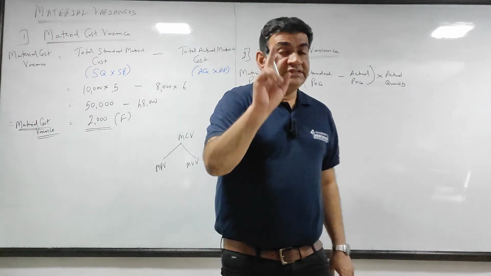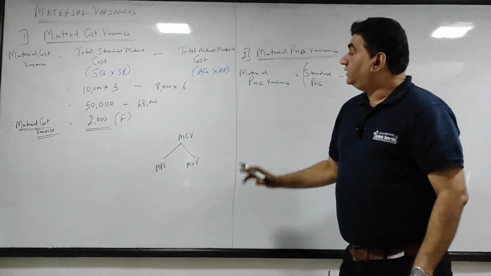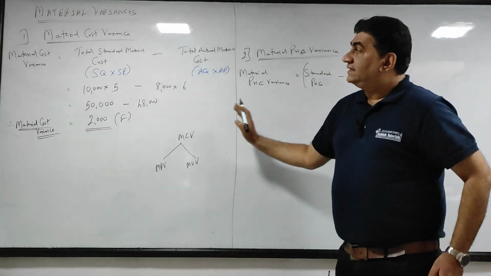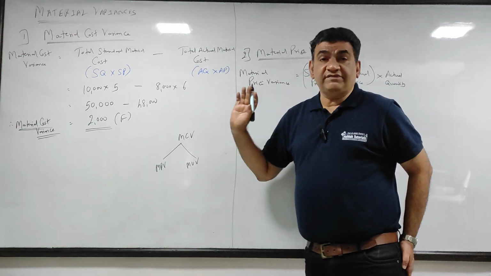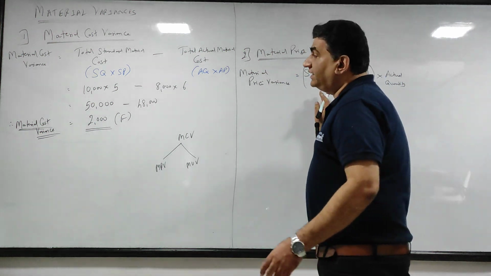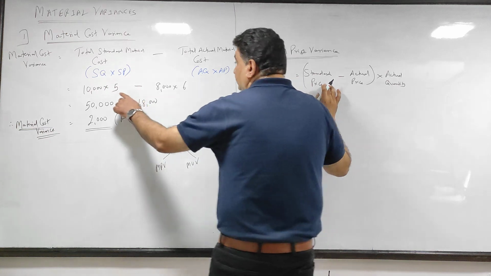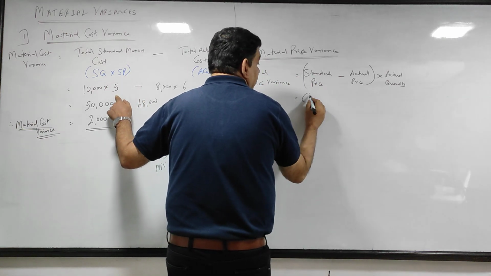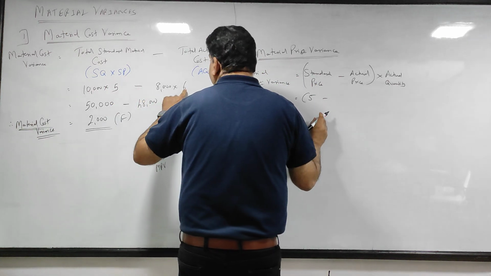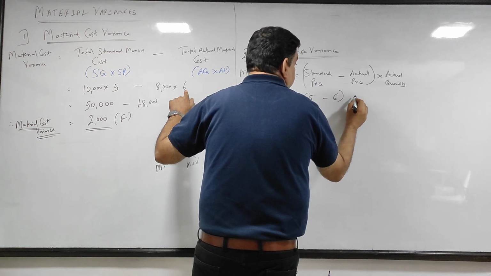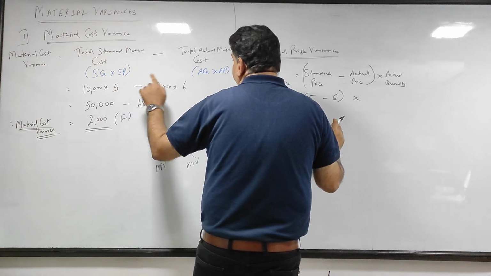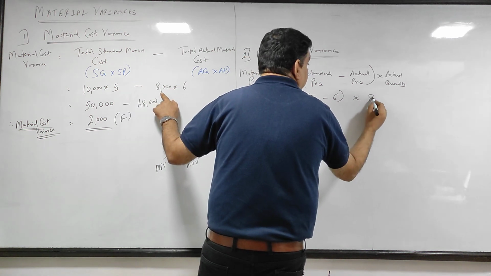Okay. This is purely due to change in price. This is cost. Understand, I am going very slow. Now see, I already have the data. Standard price is 5 rupees. Actual price is 6 rupees. And what is my actual quantity?